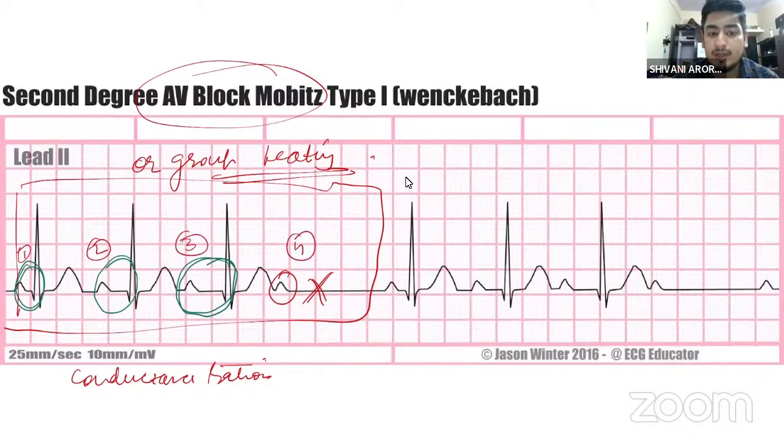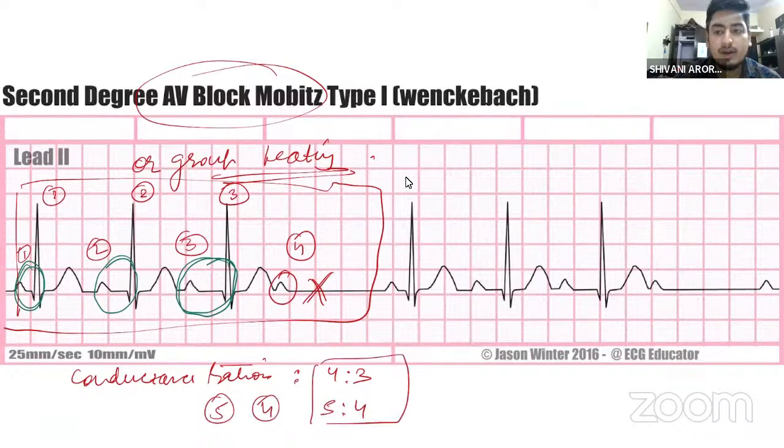So we have four P waves and three QRSs in every cycle. So this time the conduction ratio is 4:3. For every 4 P waves, we have 3 QRSs. Suppose there would be 5 P waves and 4 QRSs, then the ratio would be 5:4. So this is how we can tell the conduction ratio.